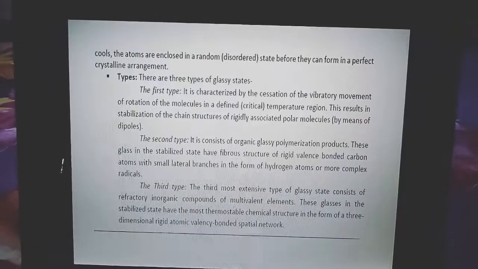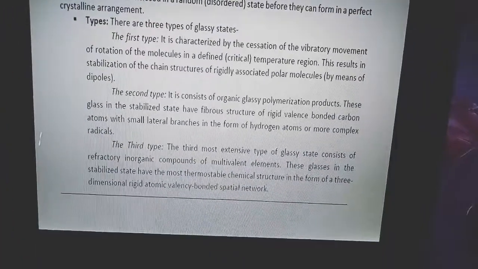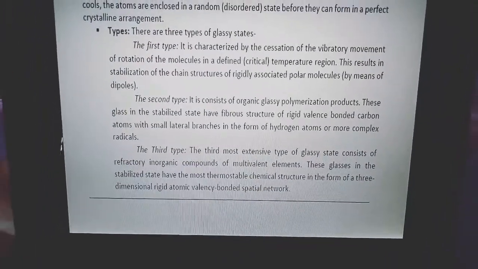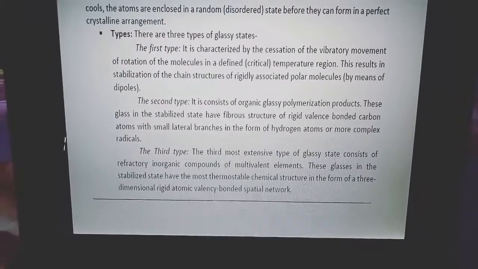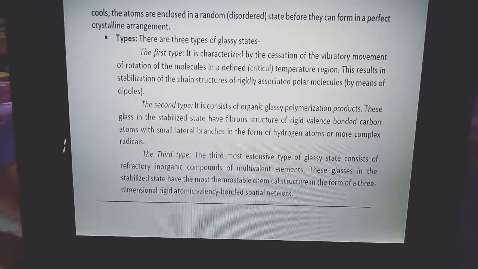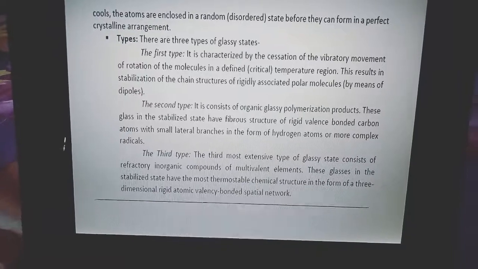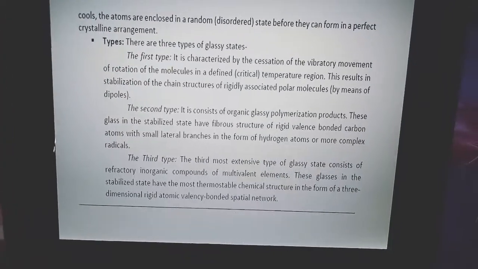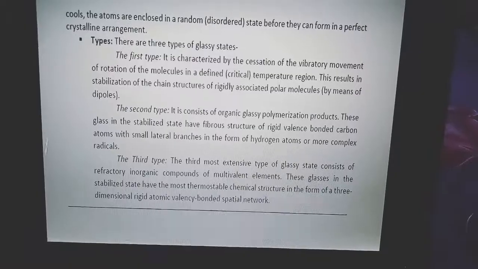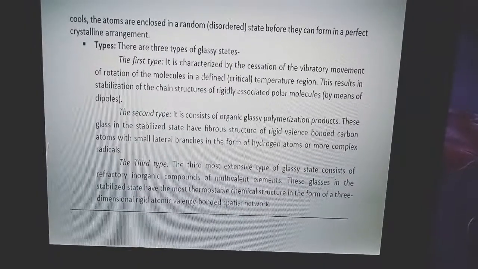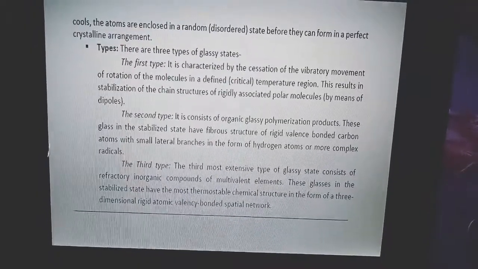The second type consists of organic glassy polymerization products. These glasses in the stabilized state have a fiber structure of rigid valence-bonded carbon atoms with small lateral branches in the form of hydrogen atoms or more complex radicals.